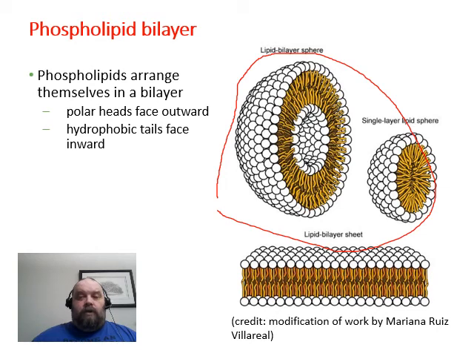Notice here that the phospholipids right there are nice and protected from water, whereas these parts of the phospholipids, the heads, are pointing out or are pointing in towards water.